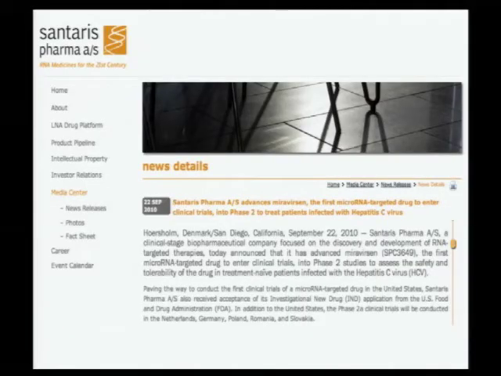Indeed, Santaris announced last September 10 that they are in phase 2 clinical trials. They treat people who were not on standard of care, who were never treated with interferon, in San Diego and in a couple of countries in Europe.